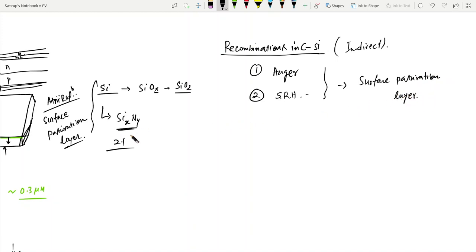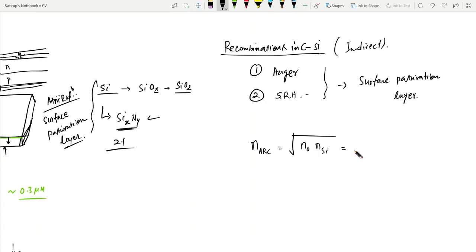And as I said here, the silicon nitride is better because its refractive index matches with the anti-reflection coating, like we already know, right? How to calculate the refractive index of anti-reflection coating. That is, NARC is the square root of N0 times NSi, right?